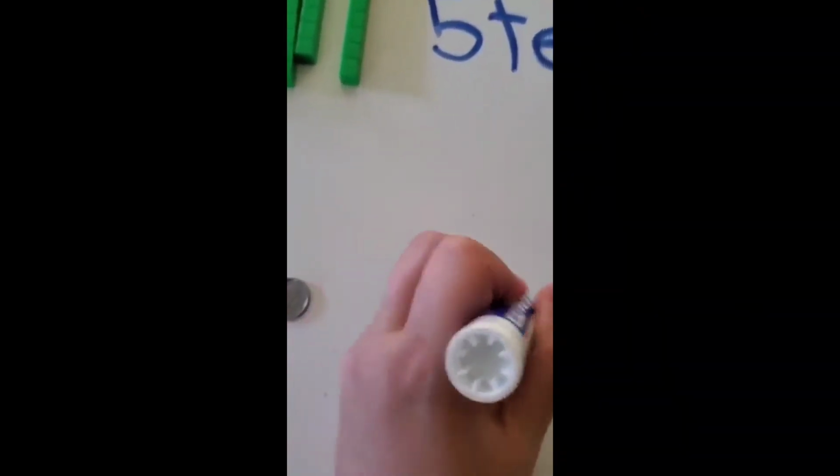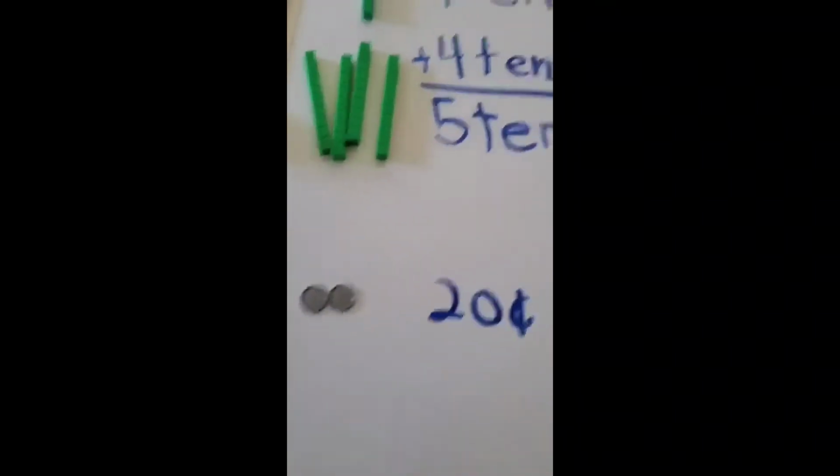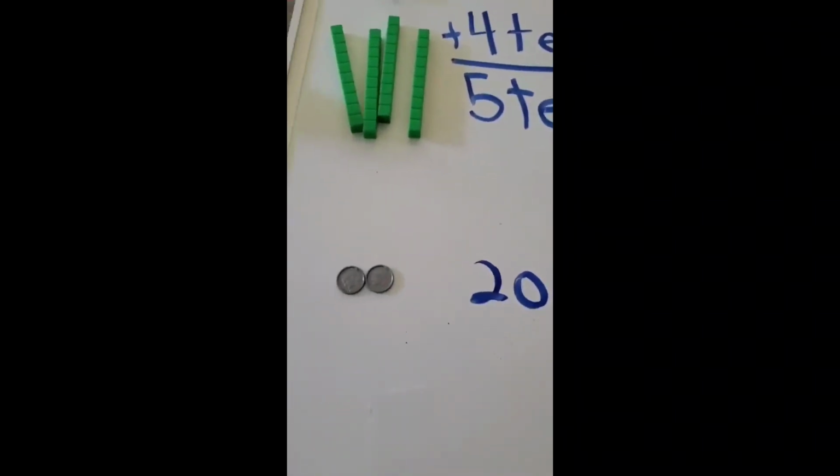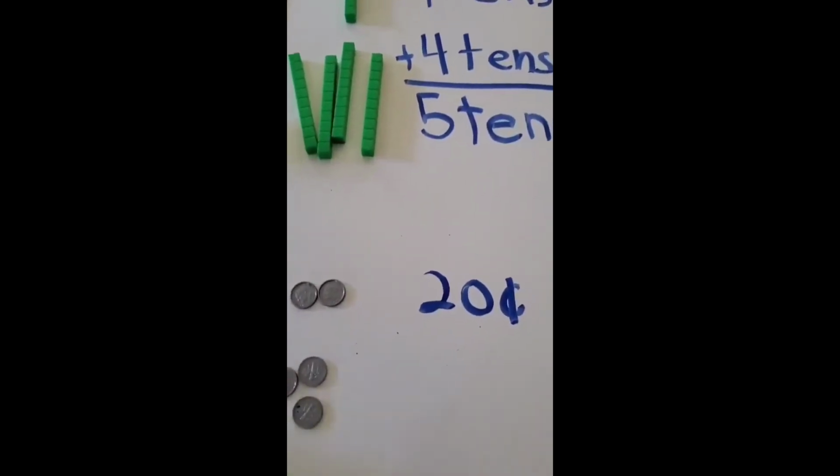So, 2 dimes is what? 20 cents, right? Because she spent 20 cents on Monday, and then she spent 40 cents on Tuesday.